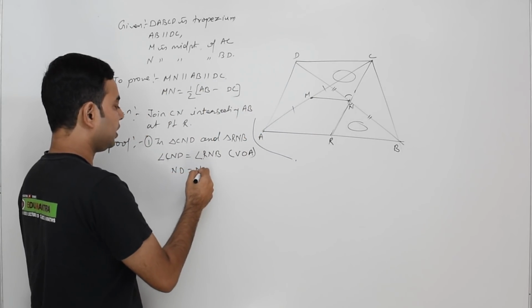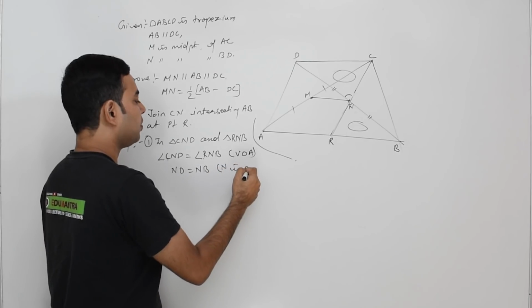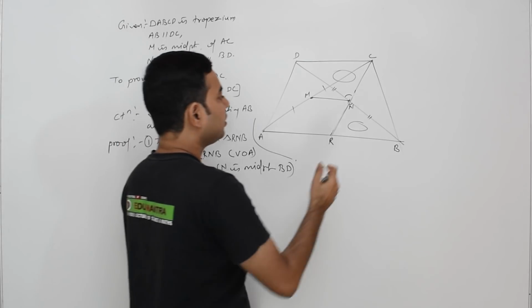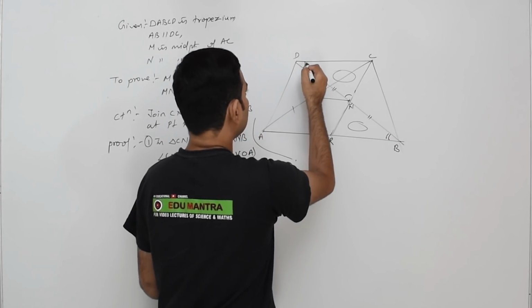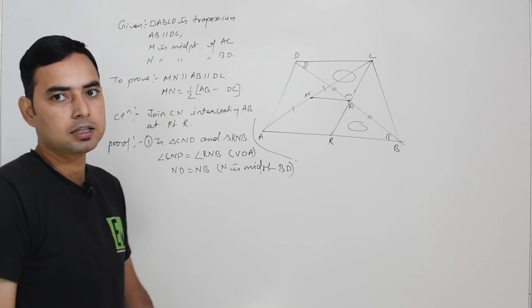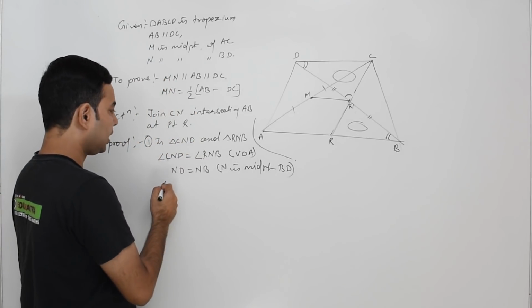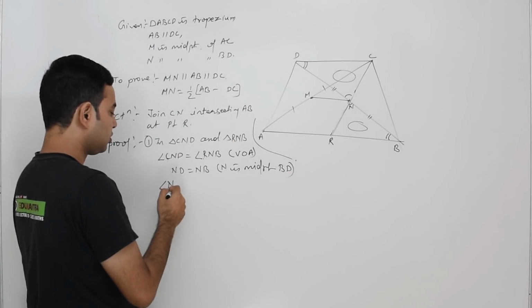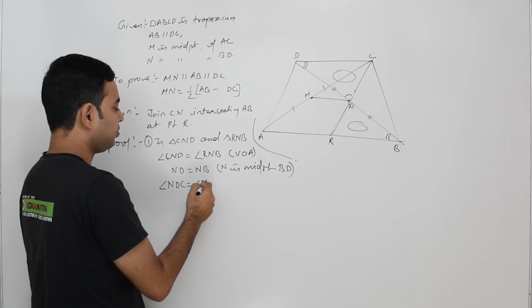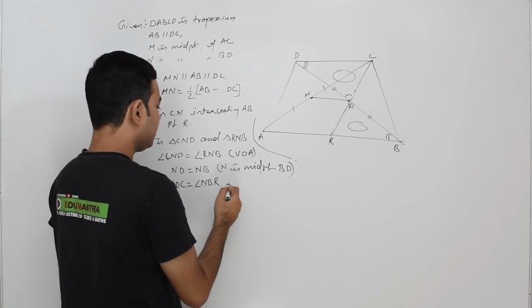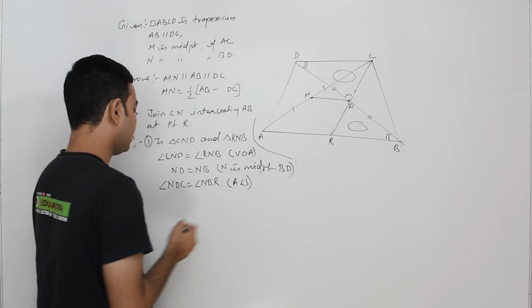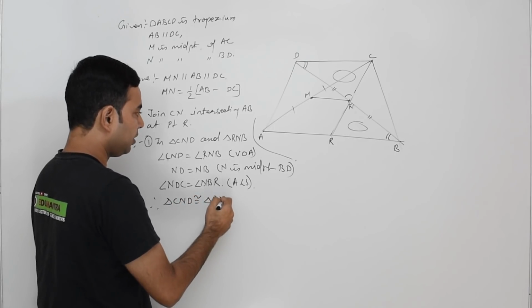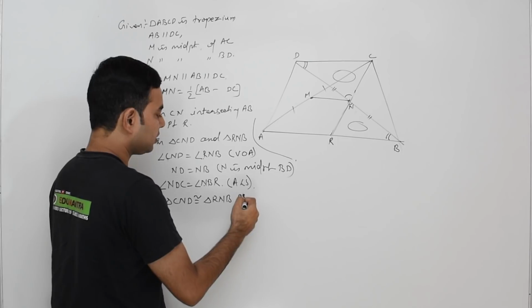Why? Because N is the midpoint of BD. Again, this angle is equal to this angle because they are alternate angles for the parallel lines. So angle NBR is equal to NDC. So NDC is equal to angle NBR. These are alternate angles. Therefore, triangle CND is congruent to triangle RNB by the ASA test.